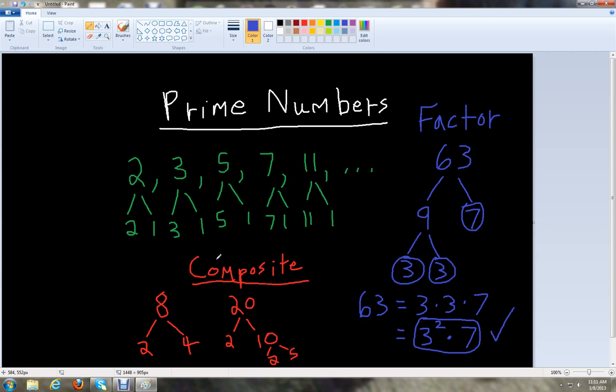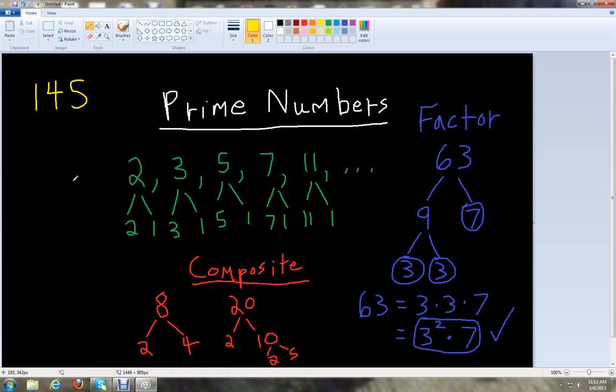Okay, let us look at one more example. Let's say we have a bigger number to factor. Let's do a 3-digit number. Let's do 145.